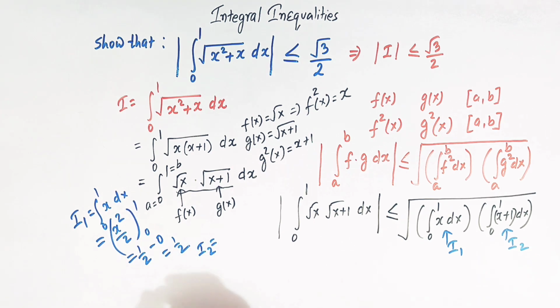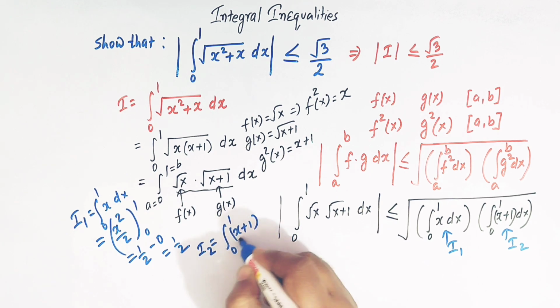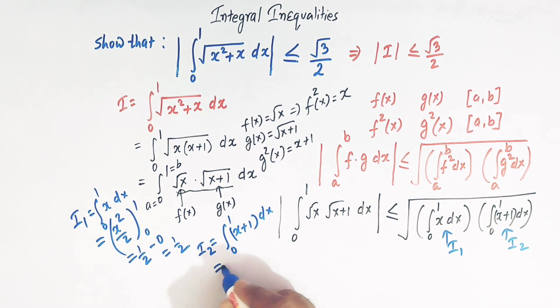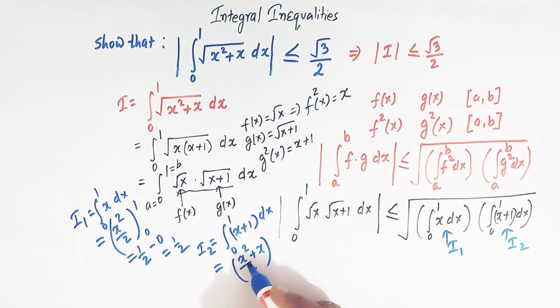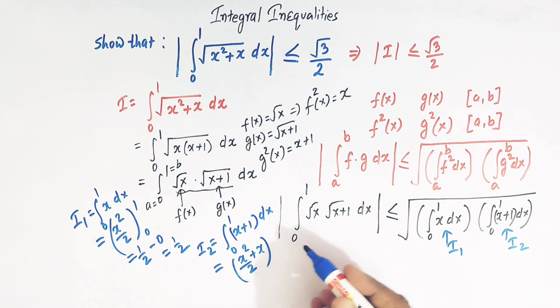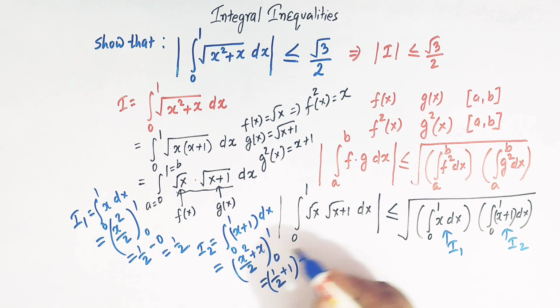So we have I2 as the integral from 0 to 1 of x plus 1 dx. The integral of x plus 1 is x square over 2 plus x, and limits are from 0 to 1. So when we substitute the limits and take the difference, we have half plus 1 minus 0 plus 0, that is 0. So this is 3 over 2.